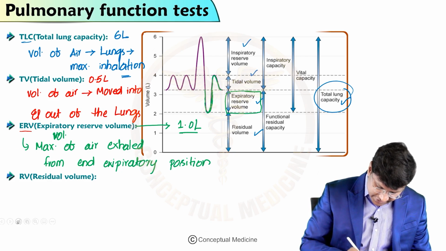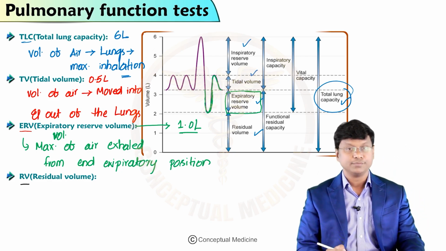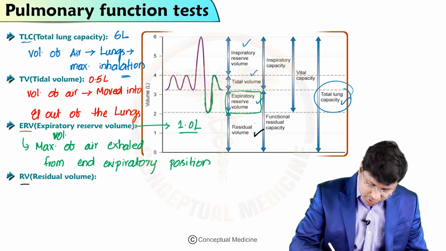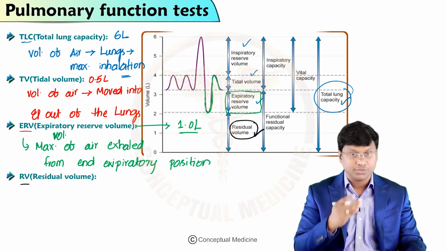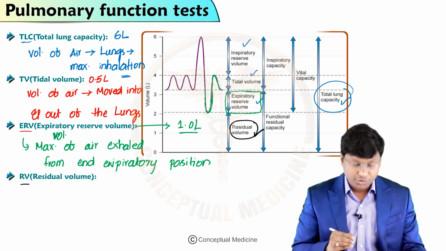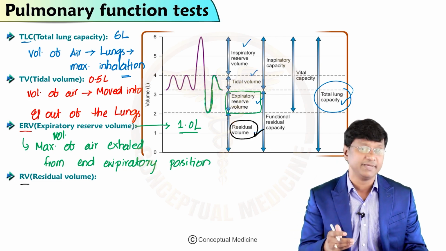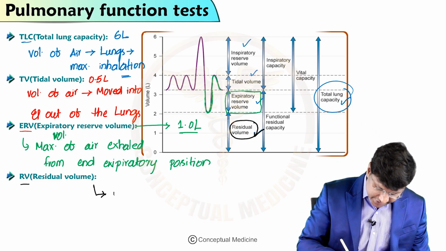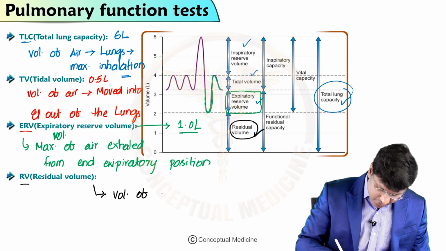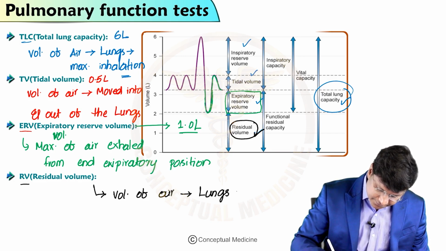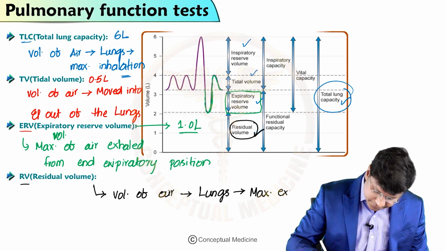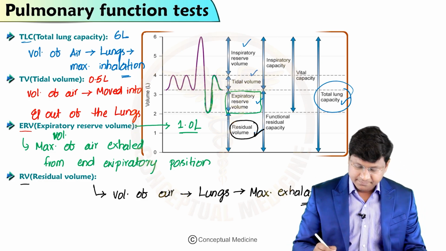Then coming to the other important parameter, that is residual volume. Okay, so this will be your residual volume. So how do you define residual volume? So residual volume, it is the volume of air remaining in the lungs after maximum exhalation.